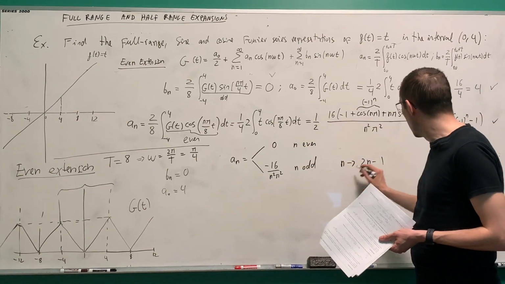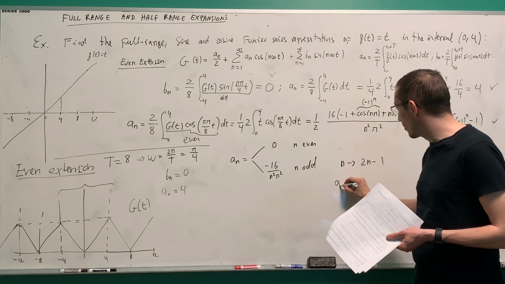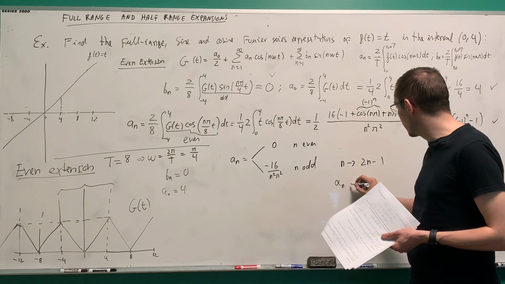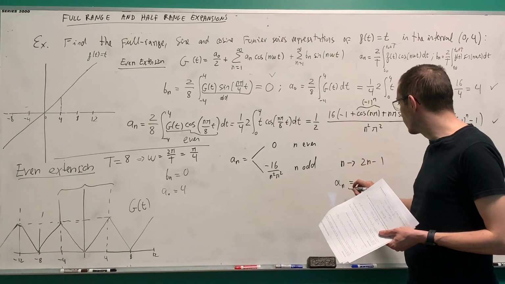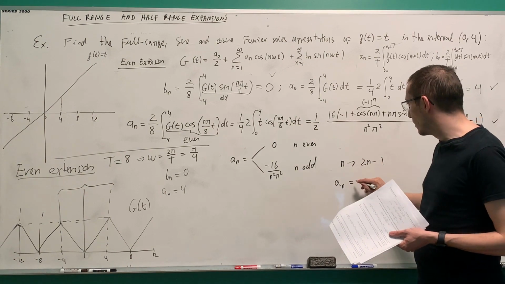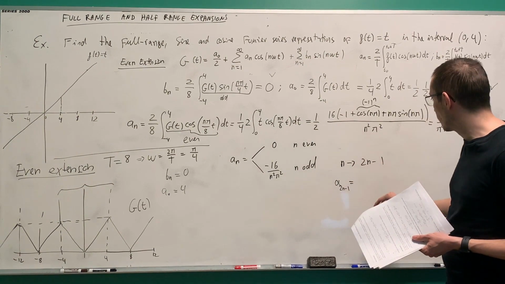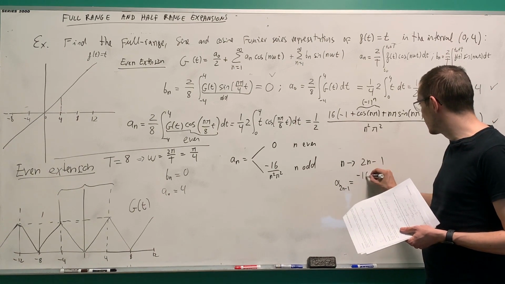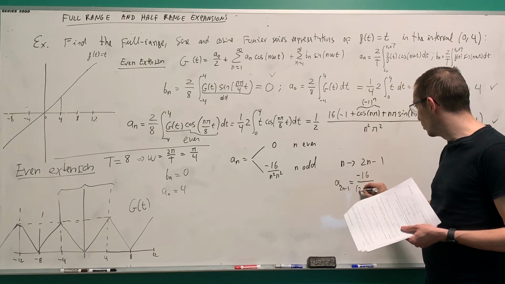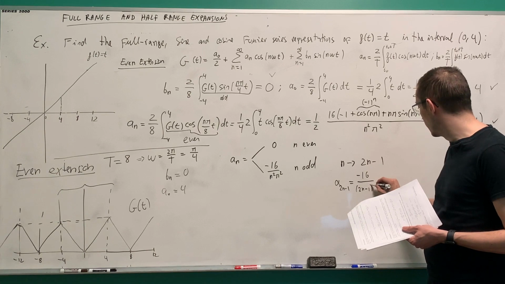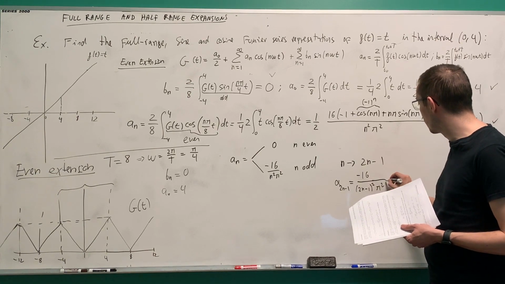So that means that the odd an's are going to be, if you want a sub 2n minus 1, equal to minus 16 divided by (2n minus 1) squared pi squared.